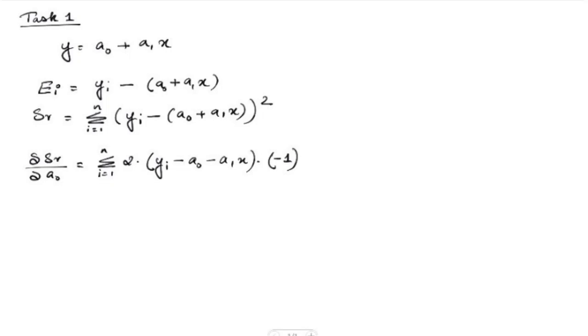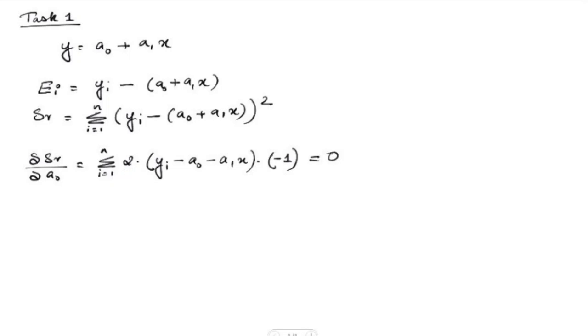If you simplify it further, let's say this is equal to 0, so we multiply both sides by minus 1, so that deletes the minus 1 here, and then we divide both sides by 2, so that deletes the 2 here.